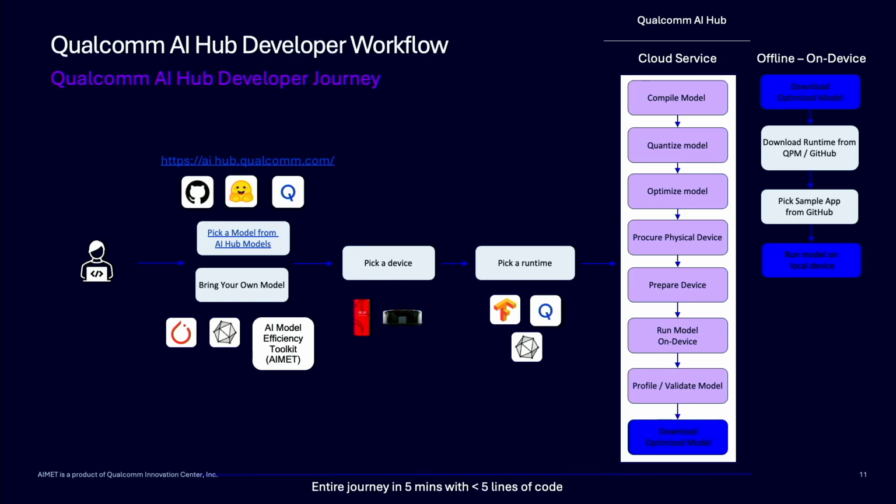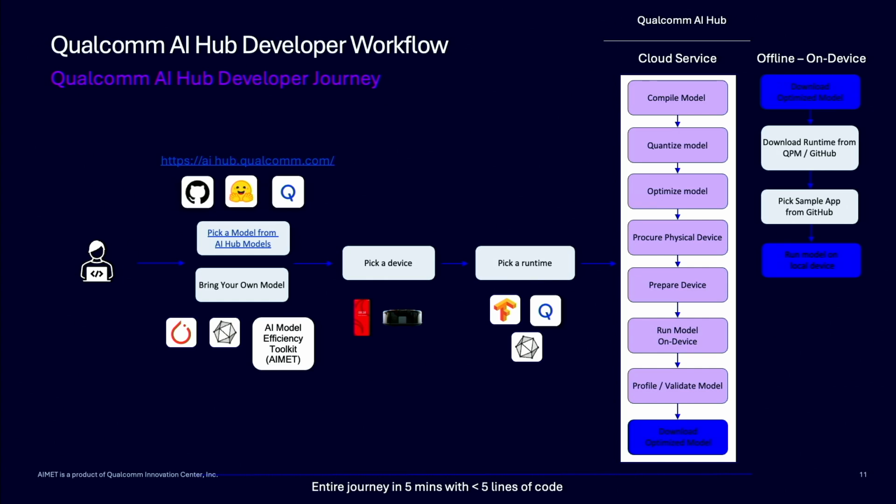You can also submit a profile job right after you compile, which procures a physical device and prepares it, and then you can run the model on device end to end, which gives you the profile numbers that you want and validates it on that device.